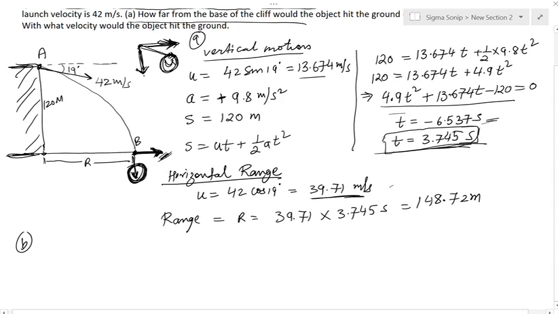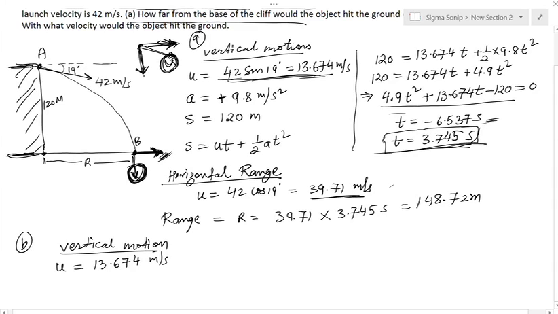So let's first list the quantities. I'll again state that I am considering the vertical motion. At point A, at the start of the launch, the vertical initial velocity is 42 sine 19, which we already found in part A, 13.674 meters per second.